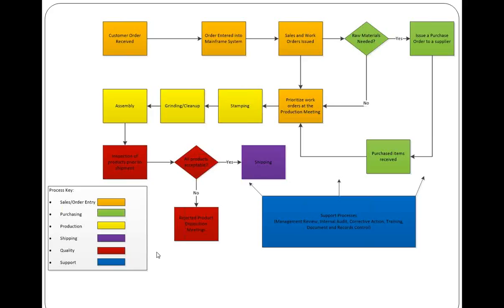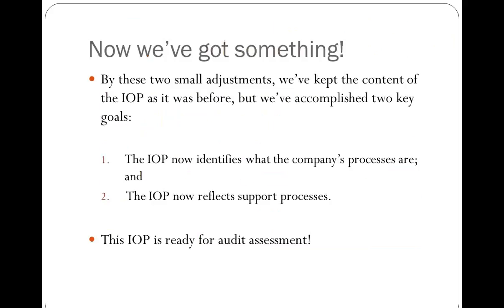So now we have the IOP exactly the way it was rendered before, but we've made 2 adjustments, and now we know what the processes are, and we also have an appropriate reflection of support processes. This is an IOP that is now ready for audit assessment.